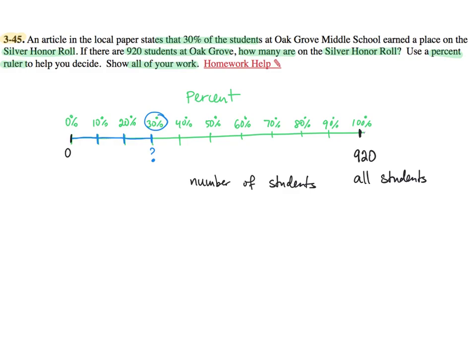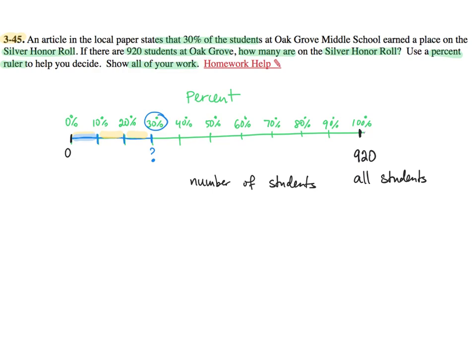Okay, so looking at our number line or our ruler, we're looking for the first 3 pieces. Now, we have 920 students. So one idea is, let's find the first piece, which is the 10%, and once we find it, then we can find any other piece, including the 30%.